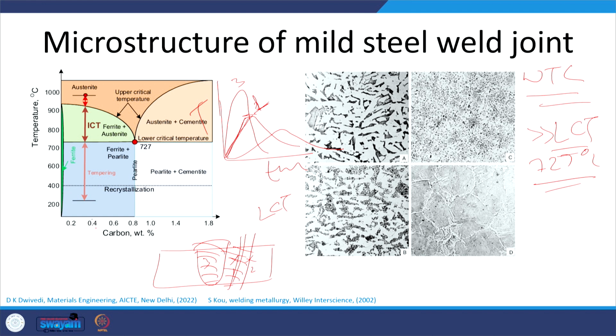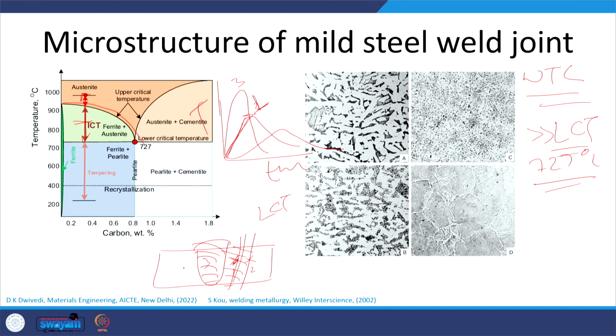If it is heated above the upper critical temperature, then it will be heated to the completely austenitic state. And if a particular zone is heated above the lower critical temperature but below the upper critical temperature, then it will be in the intercritical temperature zone.